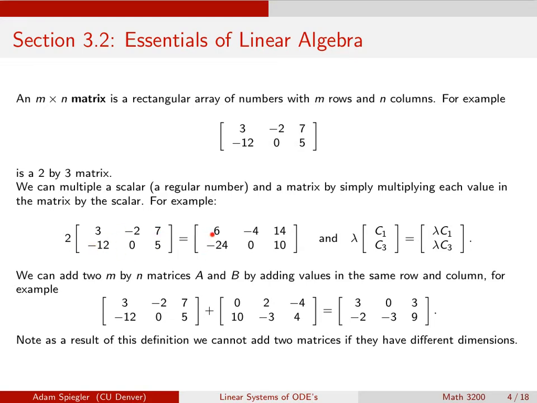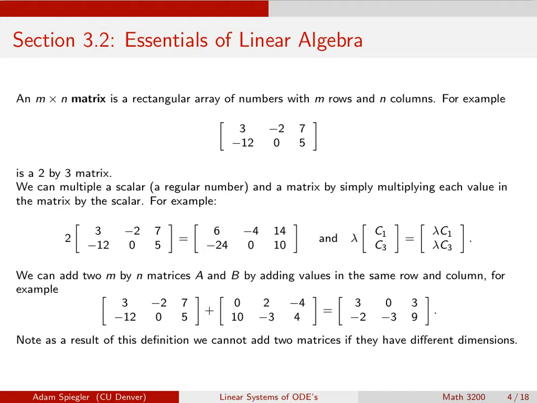So I would take 2 times 3, 2 times minus 4, 2 times 7, etc. So scalar multiplication, pretty straightforward. The same way here, if I'm multiplying some scalar lambda times a matrix where we just have one column, then I would just take the lambda and multiply it by each number in that matrix.